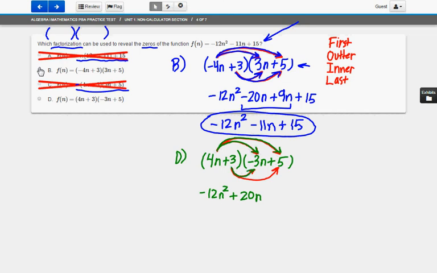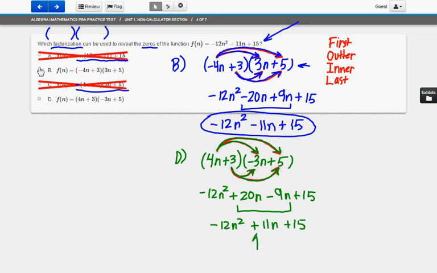Positive 3 times negative 3n is negative 9n. And positive 3 times 5 is a positive 15. And so our first term is negative 12n squared, but the middle term, when you take 20n minus 9n, is positive 11n plus 15.